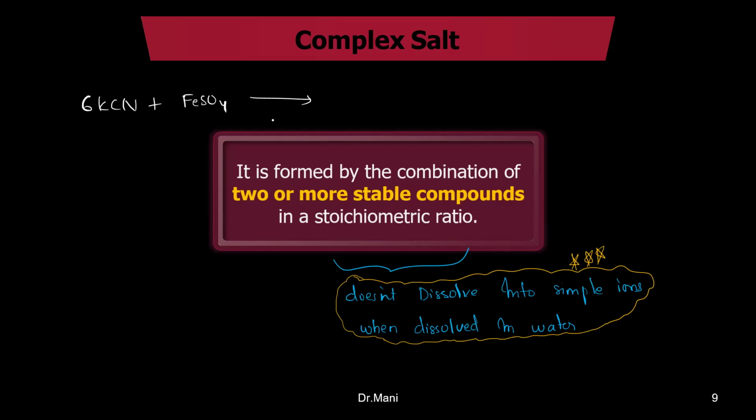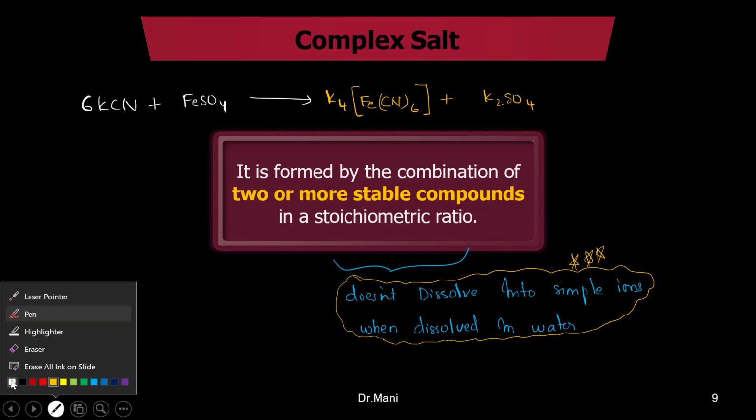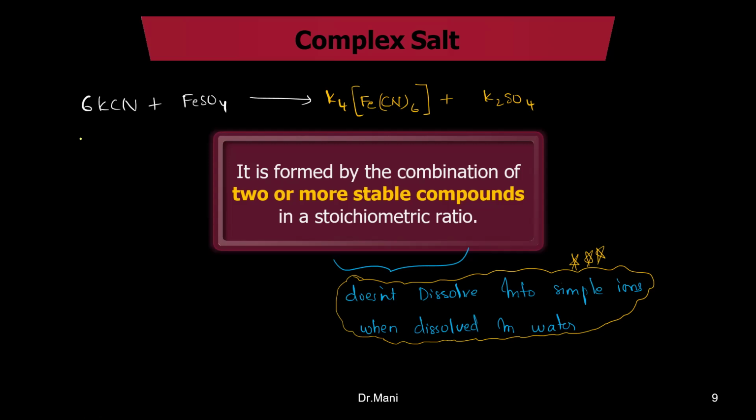It will give K4[Fe(CN)6] plus K2SO4. What is KCN? It's potassium cyanide.